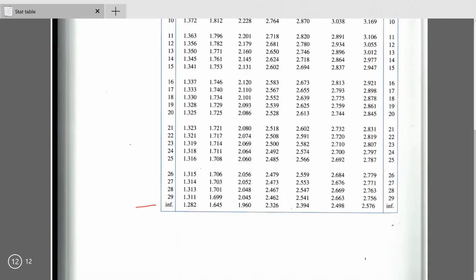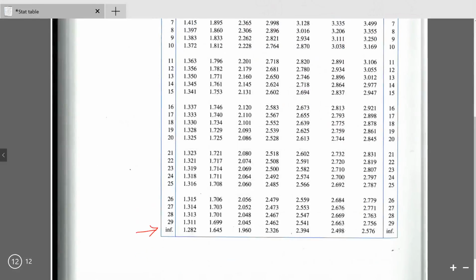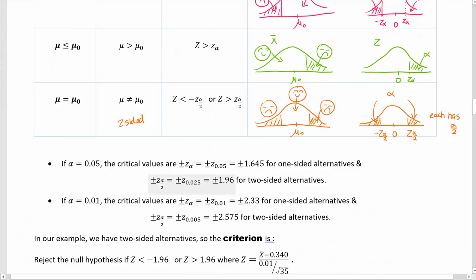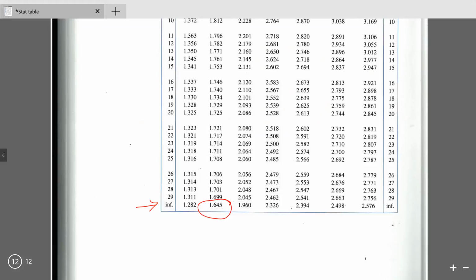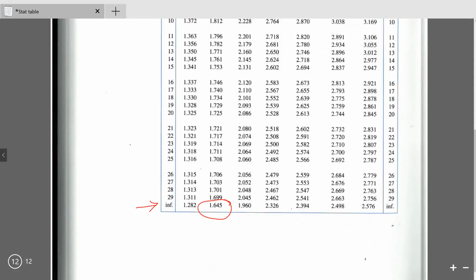The last row of the t-table is the z alpha values. 0.05 is the second column, so 1.645. And z alpha over 2 is z 0.025. 0.025 is right here, the third column, so 1.96.